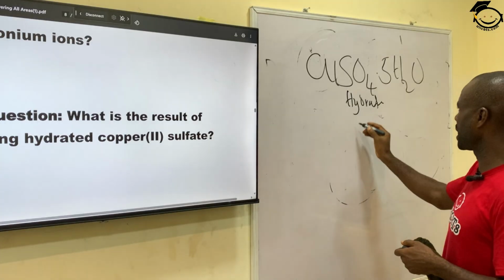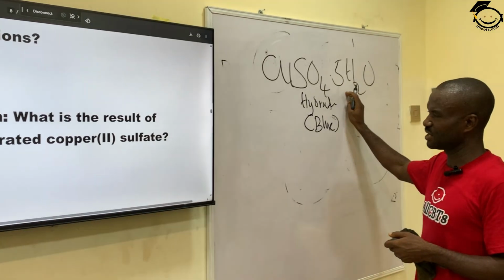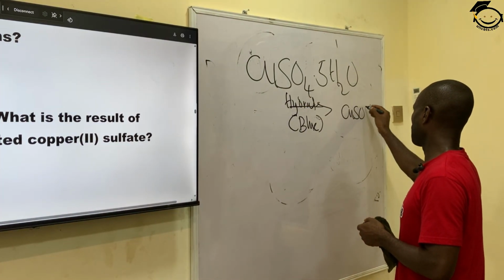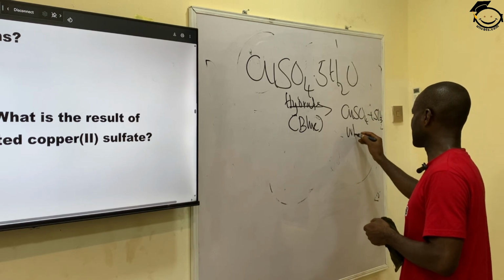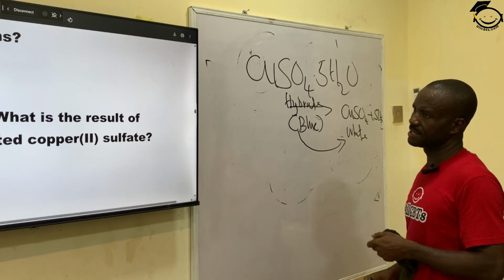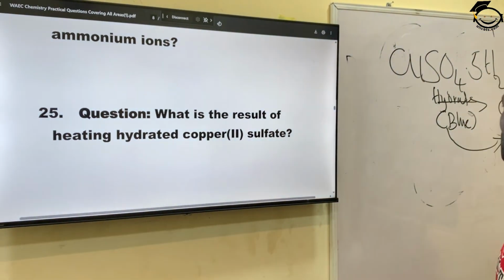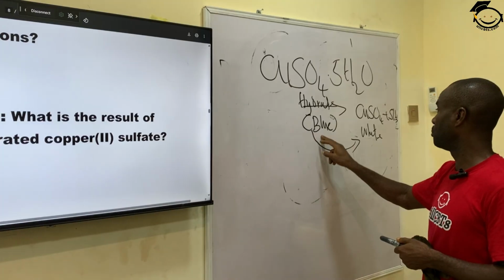Hydrated salt is usually blue in color because of the water of crystallization. When you heat this, it will give you CuSO4 plus 5 molecules of water. This becomes white. So what you observe by heating copper 2 sulfate is that the color changes from blue to white.